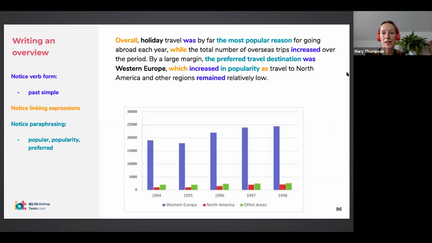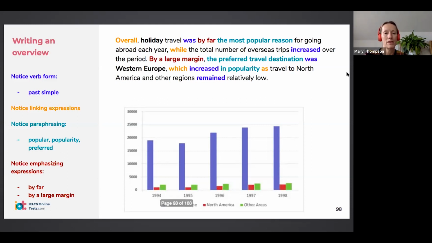Okay, so as you can see, we've got an adjective, popular, and then popularity is a noun. So that's just a change of word form. Or you can say preferred as well, which is a synonym. And then, as I mentioned before, emphasizing expressions. So by a large margin is a nice one to use, or by far.